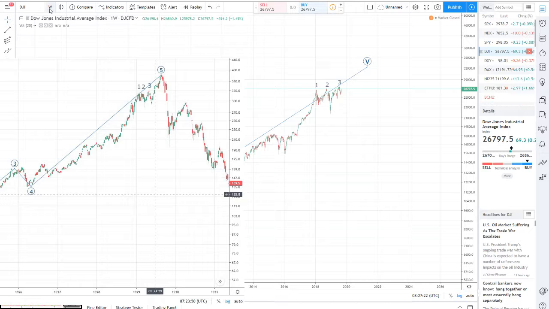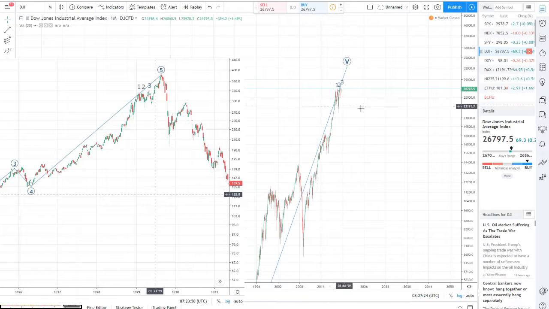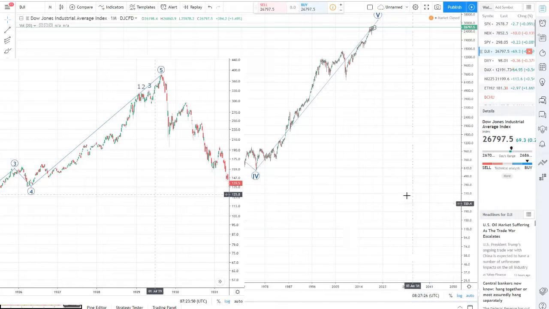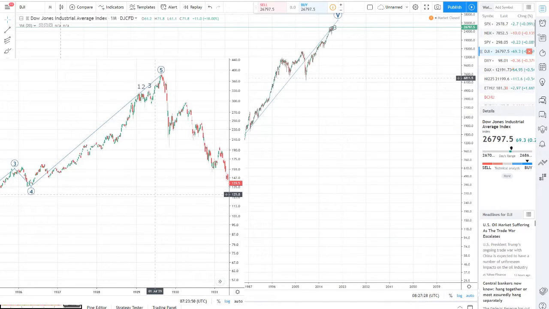Now the question, of course, is how much of a correction are we talking about? And I think if we look at the past corrections, we could kind of make that out by, for example, looking at the Fibonacci ratios. I'll draw in one here for the correction of the second wave, the current impulse wave.